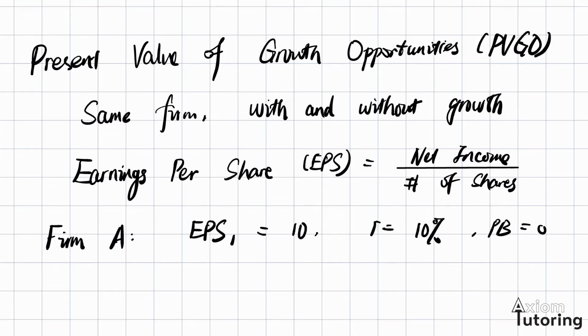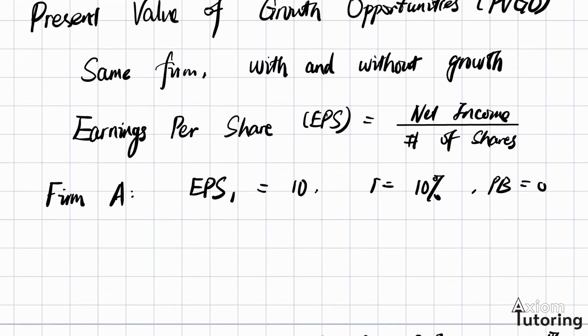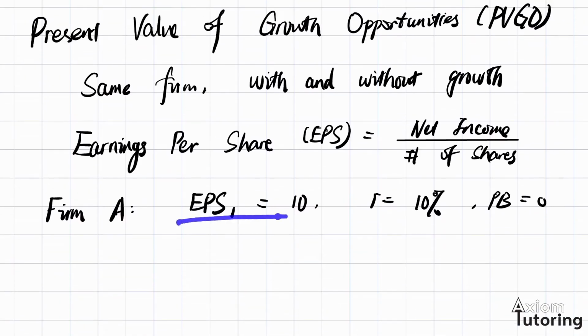Let's say there's a firm with the first period EPS of 10. The required return, or the discount rate, is 10%, but it has zero plowback, meaning it has zero growth. So how do we put a price on it? With zero growth, your EPS simply becomes your dividend.